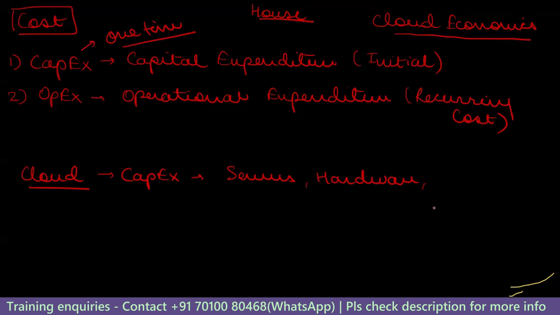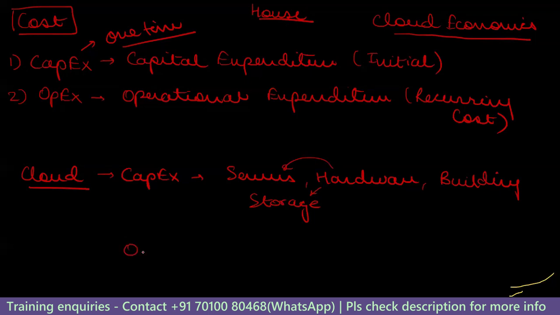Buying servers, buying hardware, getting the building itself. Yes, you might want to build a building where you're going to host this data center. So these are all capital expenditures. Yes, the initial cost. Buying storage devices. Yes. Again, that is all part of the hardware itself. Yes, implementing a cooling solution. All of that is a CapEx.